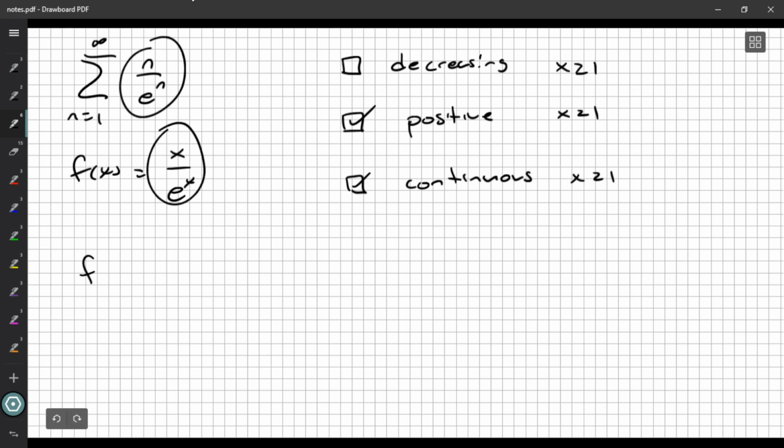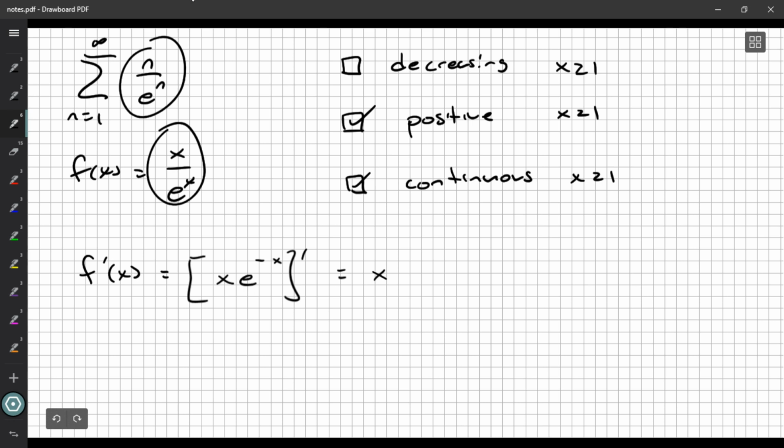Well, the easiest way to deal with that is to take the derivative. So we use the quotient rule, or I suppose you could rewrite it as x e to the minus x. In fact, that might help us when we do our improper integral, because then we might use integration by parts.